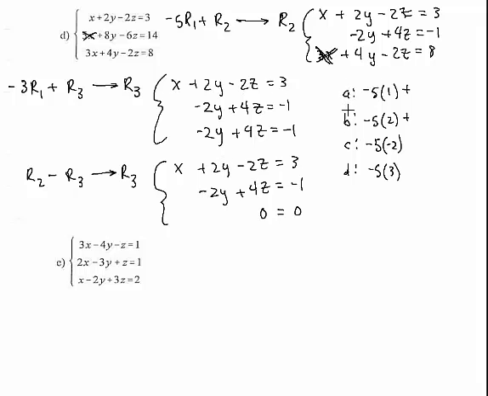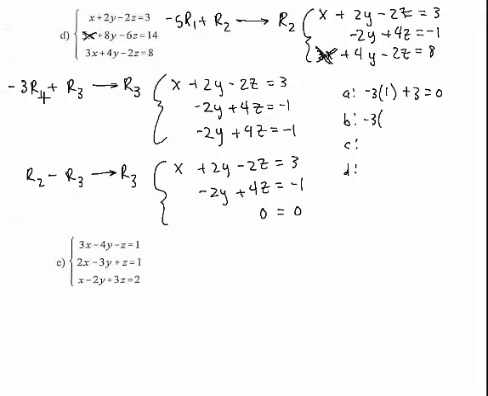So if I work out the a, b, c, d, I'd start out with -3 times 1 plus 3 equals 0. And so down here we have nothing in row 3 for the x term. The x term disappears.